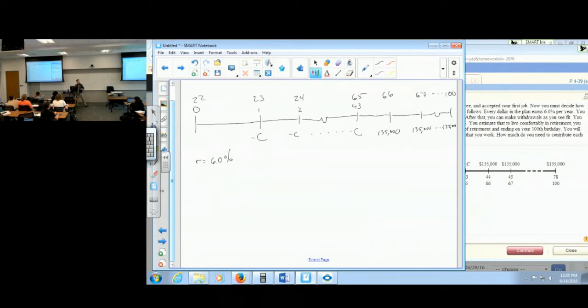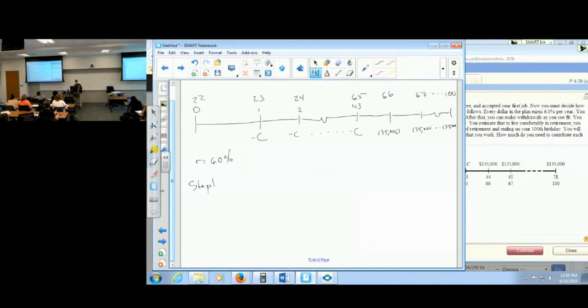Yeah, remember the same idea applies, like the balance on a loan at any point in time is the present value of the remaining payments. Well, if I want to know how much cash I need to have in the bank at age 65, because I'm done working at that point, I'm done generating income, I want to live off of what I've got. So there's some lump sum I need to have in the bank at age 65 that will allow me to withdraw $135,000 until I turn 100. And so what I need is the present value of that retirement annuity for us.